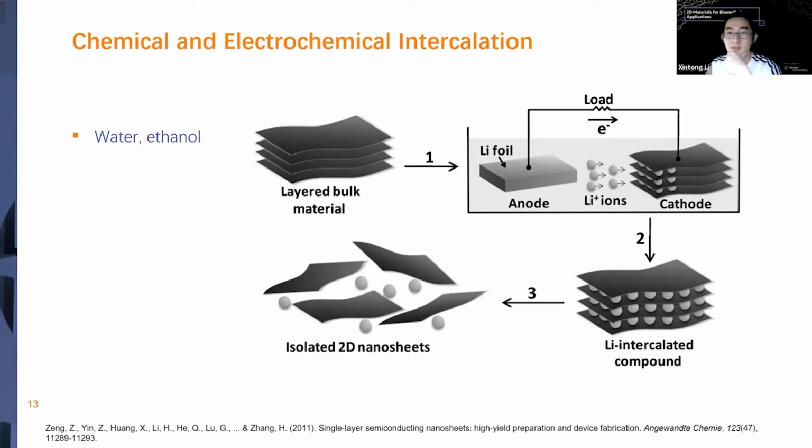Can we predict it? I mean, I didn't directly work on the exfoliation, but I know the 2H and 1T phases are different and they have different stability. Any comment on that? Yeah, that's a super good question. The 1T phase is a metastable phase for MoS2, but it can also be pretty stable compared with other TMD materials.